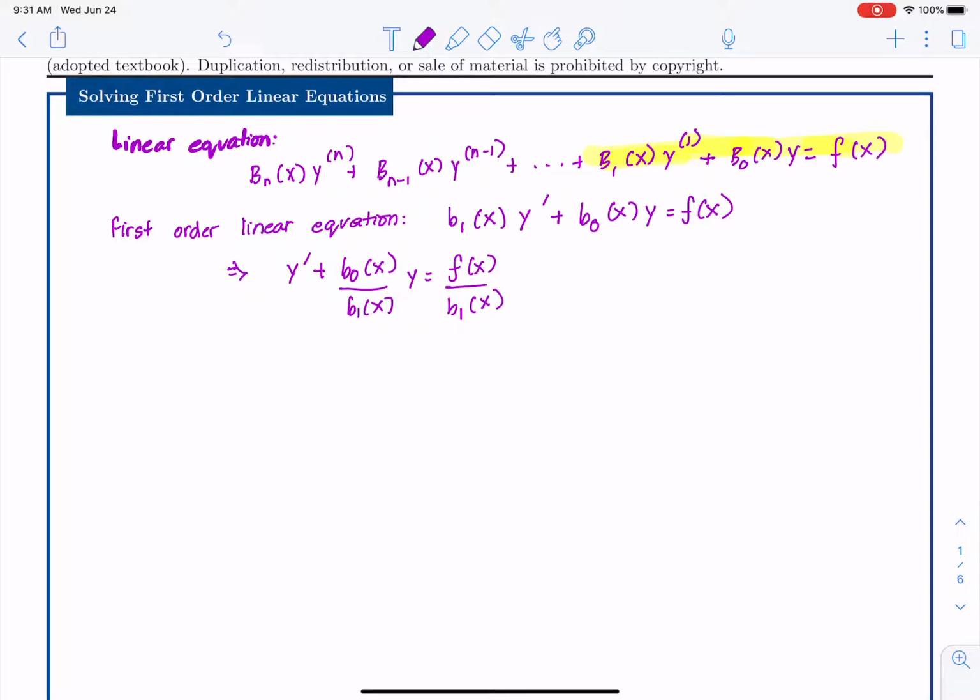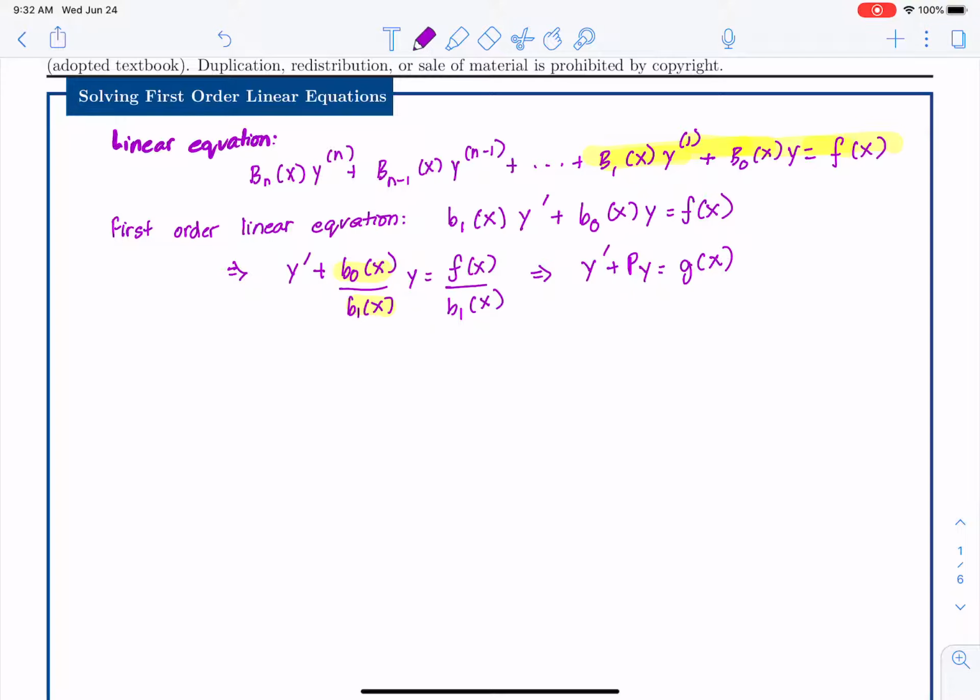And the right-hand side is yet another function, so I can rewrite that as, say, g of x. And the function here is also another function, so I'm just going to call it p. I believe that's the textbook notation, and I'm trying to be consistent.